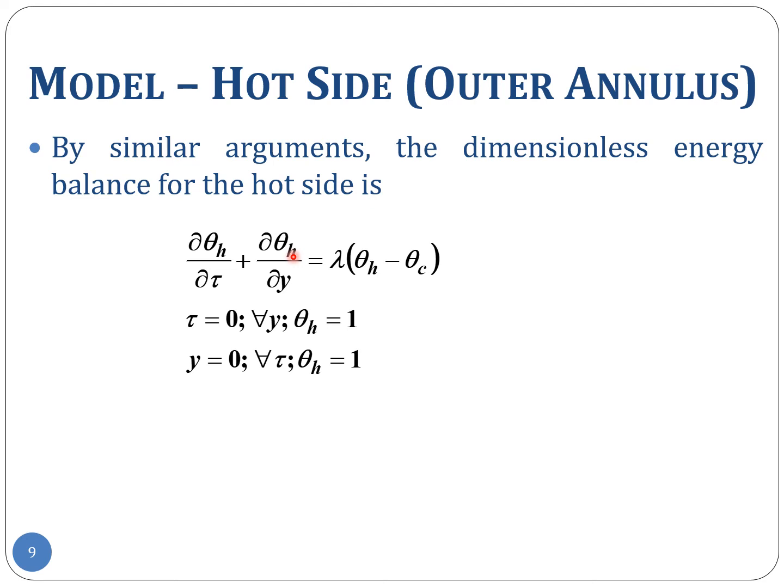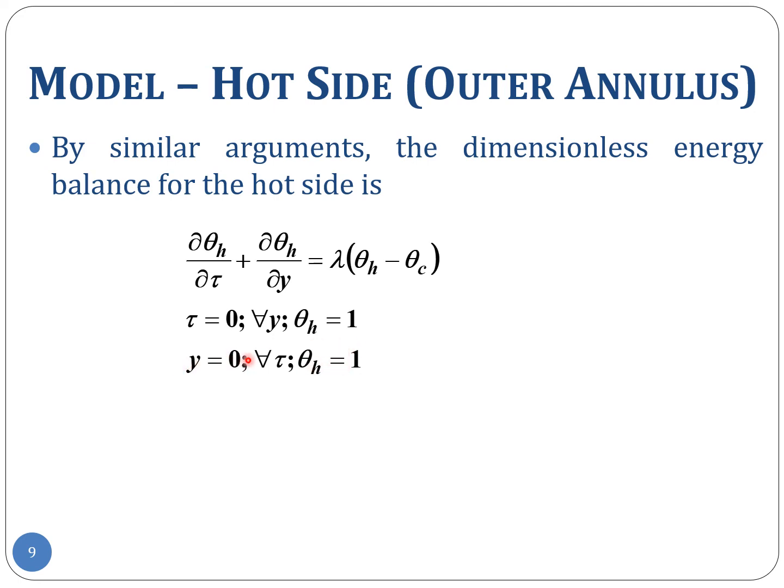So the denominator has the inlet temperature of the hot fluid minus the inlet temperature of the cold fluid. So initially the hot fluid was at its inlet temperature, and at all times at the entrance to the heat exchanger, the hot fluid is at the inlet temperature.